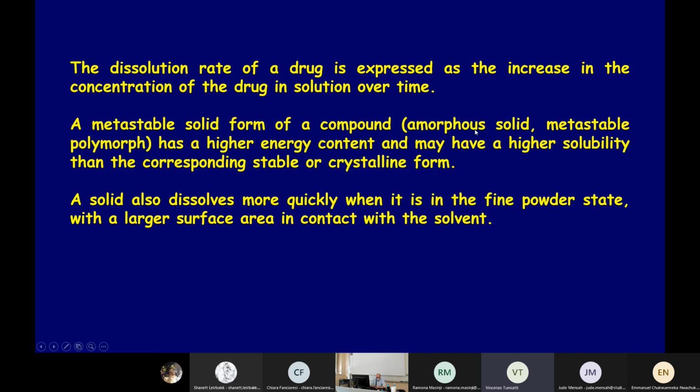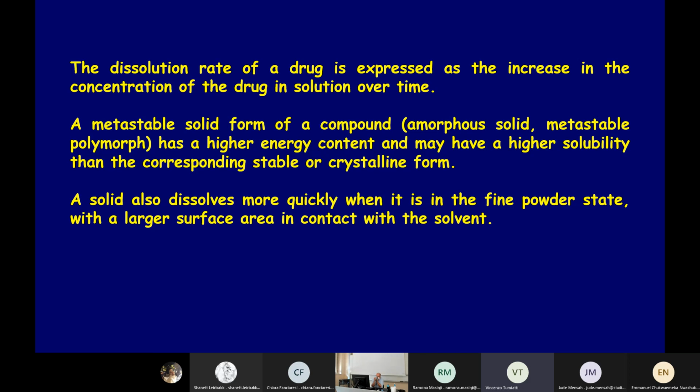Normally, the amorphous solid form is more soluble in water than the crystalline form. Because if you want to dissolve, for example, sodium chloride, we have to destroy the order of the crystal structure.